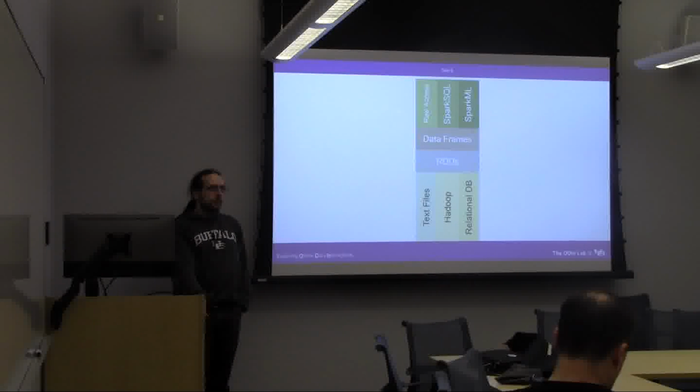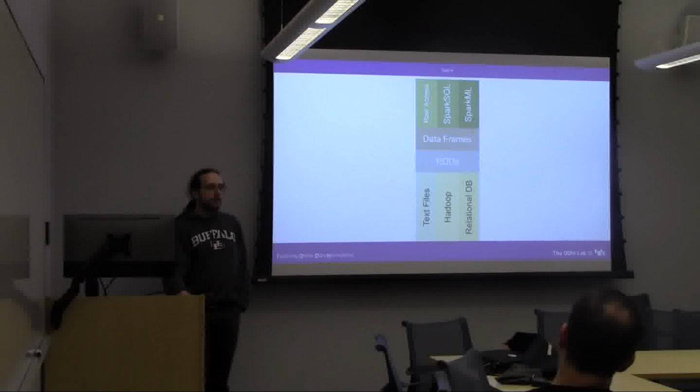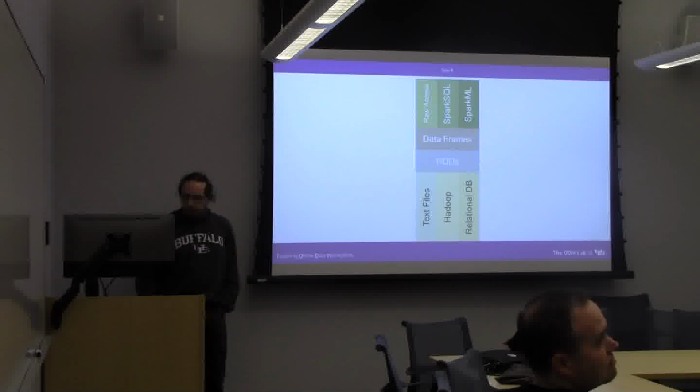Anything that you can do with Hadoop, Spark will do faster. That's basically the gimmick: anything you can do with Hadoop, Spark will do faster, and in a more friendly programming environment. Does that address your question? Quite so. Thank you.